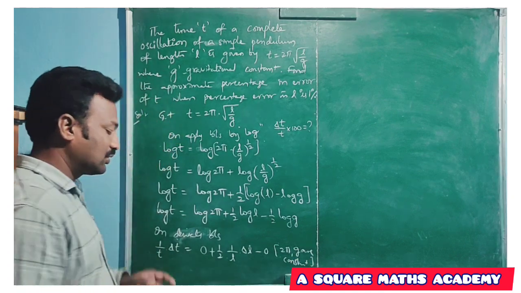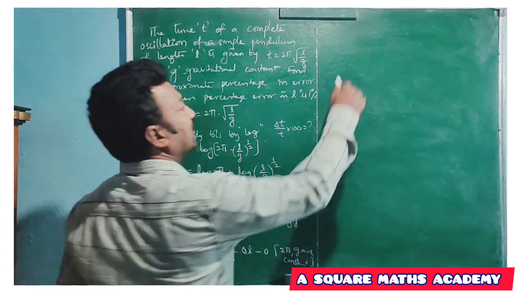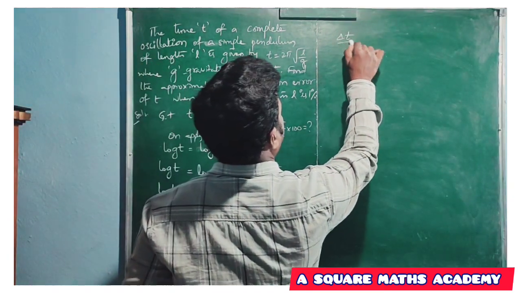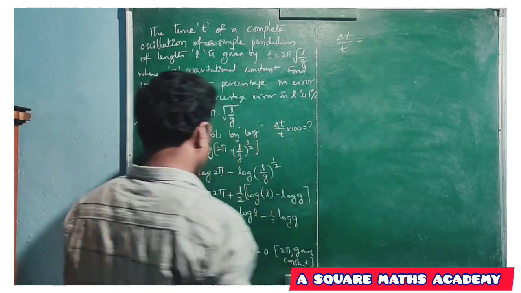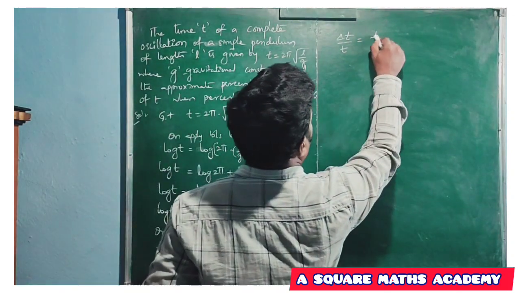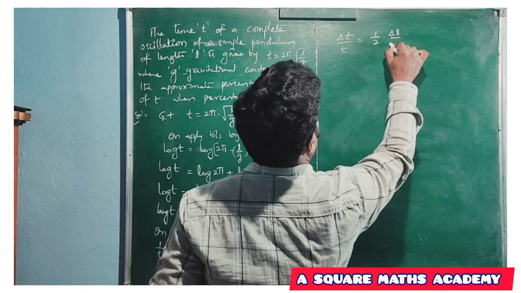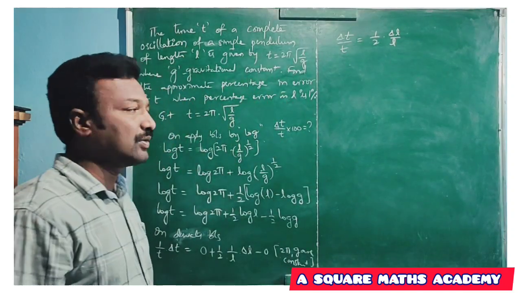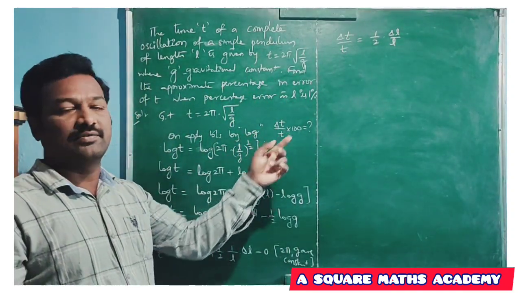So delta t by t equals 1 by 2 delta L by L. Since we find a percentage, we take it into 100.